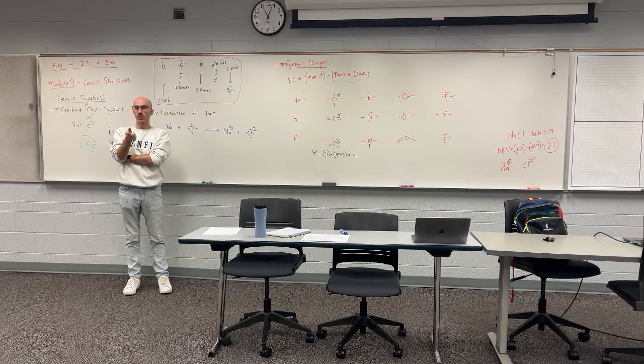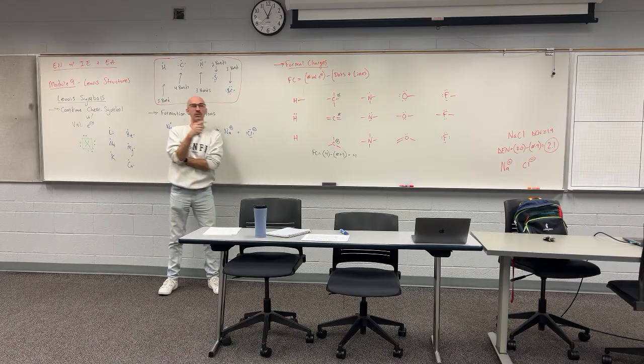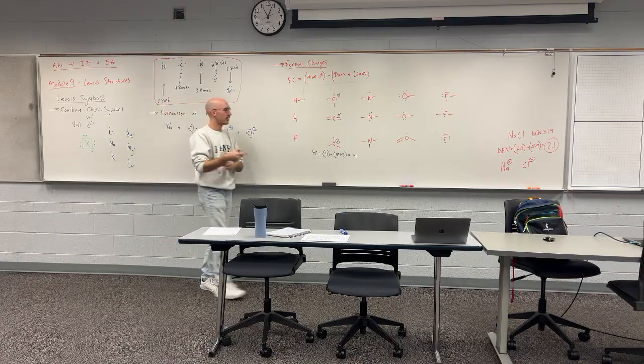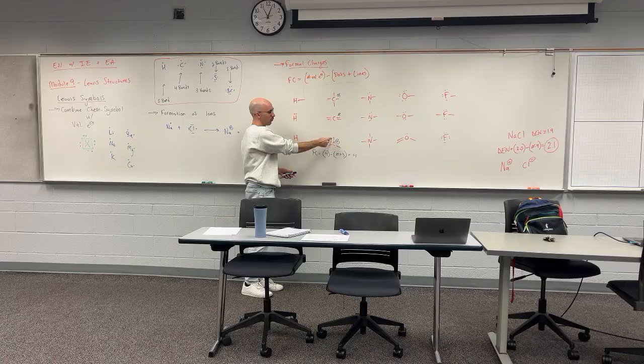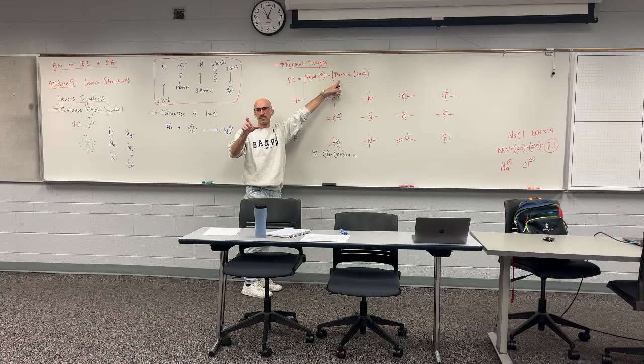I had some good questions come up. If each line is equal to 2 dots, then should I say 2, 4, 6 dots and do 4 minus 6? No, because the line is bonding electrons. We're showing a bond when we show a line, not a pair that's being held for itself, a non-bonding pair.